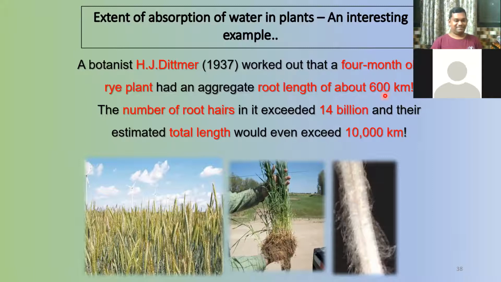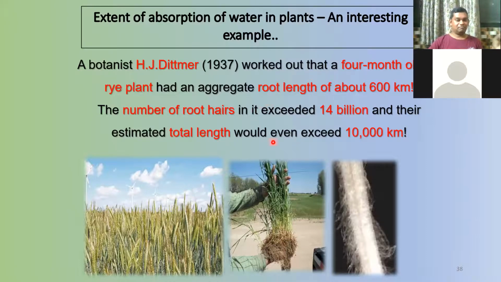If I take out all the parts of the roots, including all the root hair, as you can see in this third picture, and lay them length-wise, I can get a length of that. Imagine how much adaptation the plant has to absorb water.